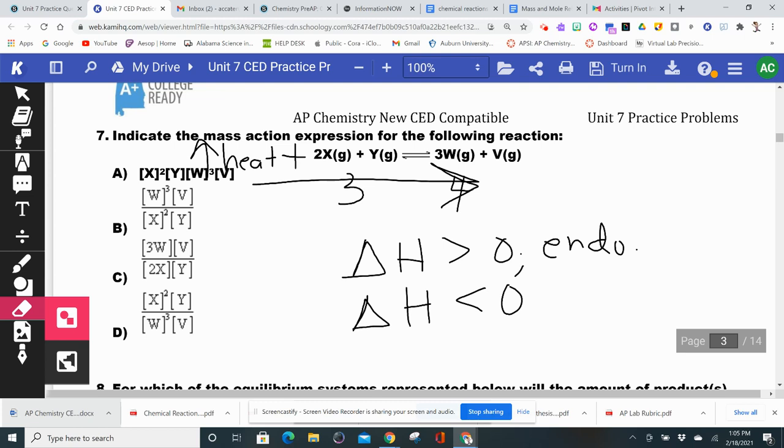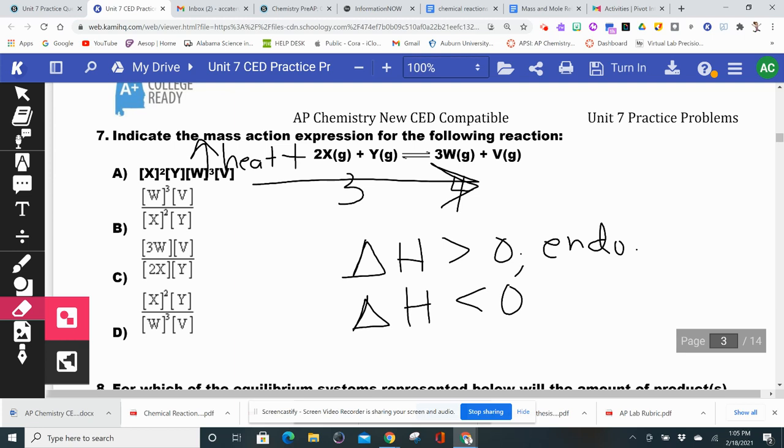So you got to be really careful about how they're wording it. Is the temperature something that we, the people in the lab, changed, and then you get to a new equilibrium? Or is it something where the two things were just put together and the temperature increased naturally because it is an exothermic or endothermic reaction?